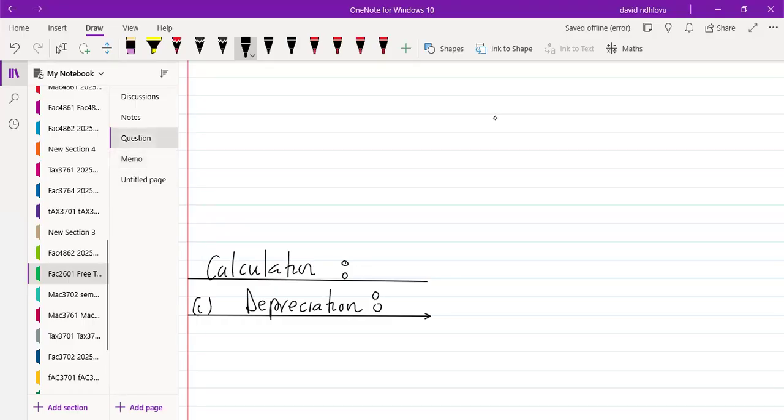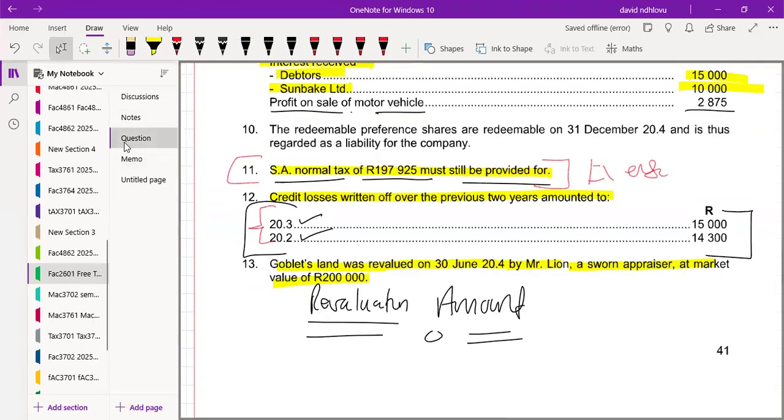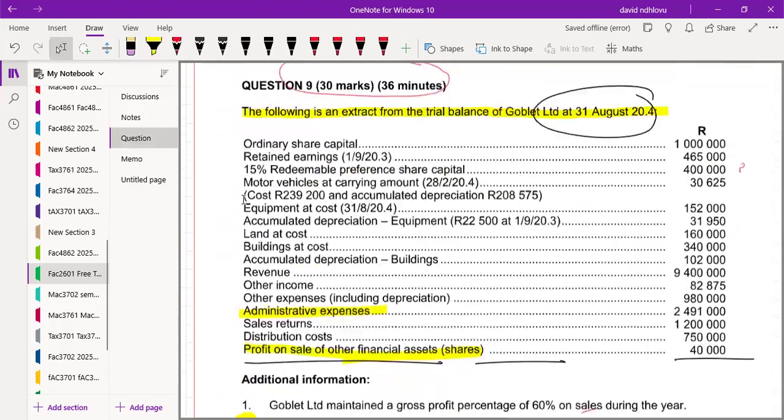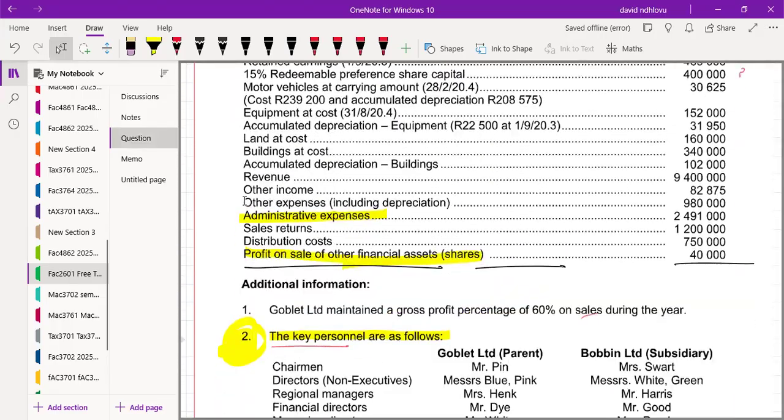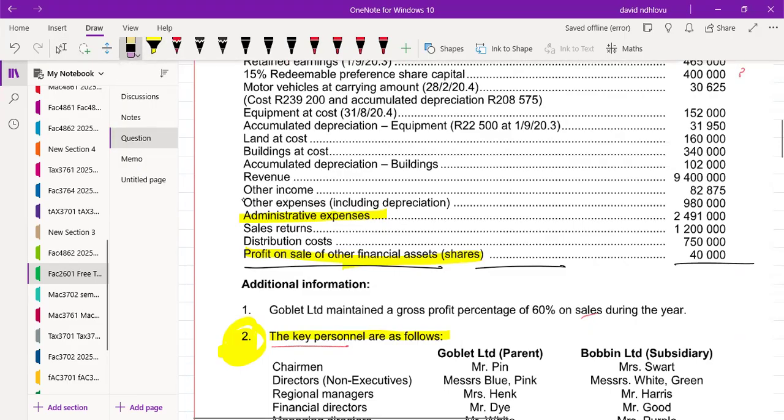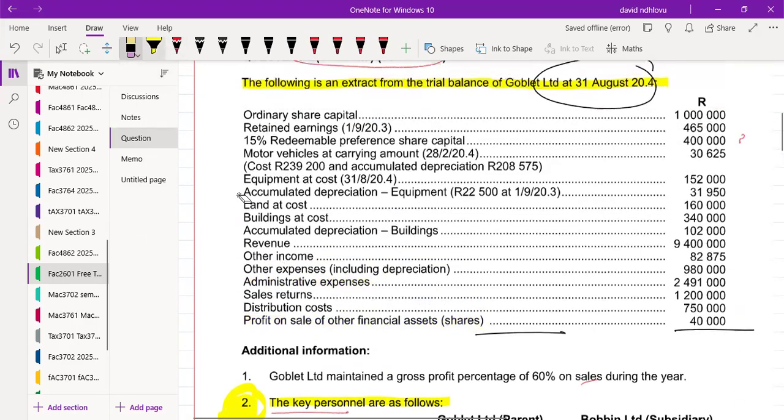Right, on depreciation, what do we have? Let's look at the assets. When you look at the trial balance here, I can see a couple of assets, starting at the top with the motor vehicle.